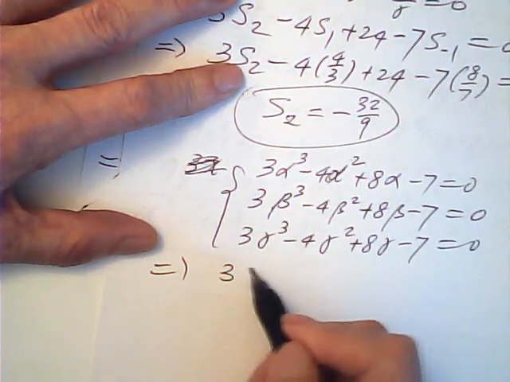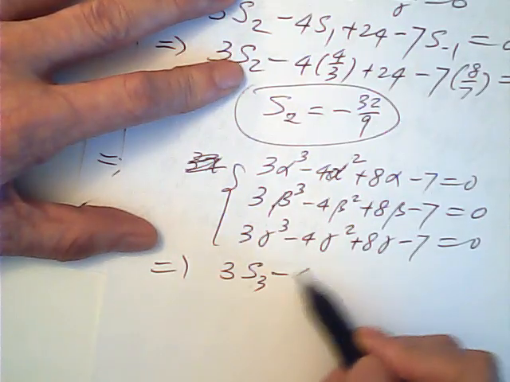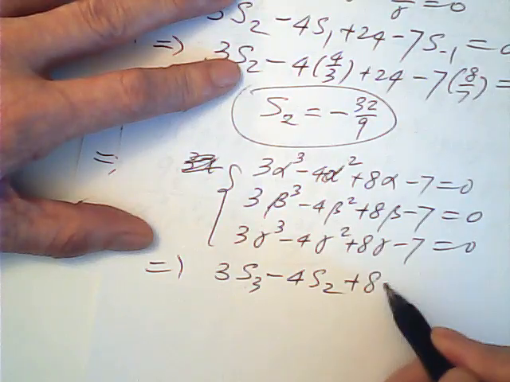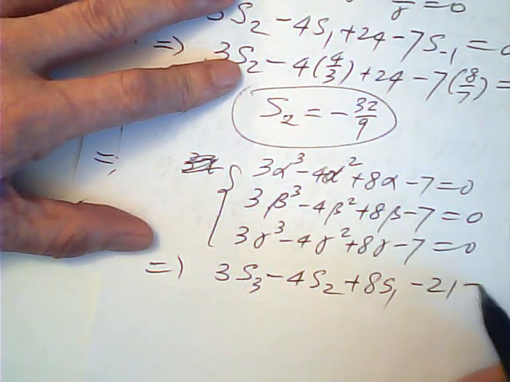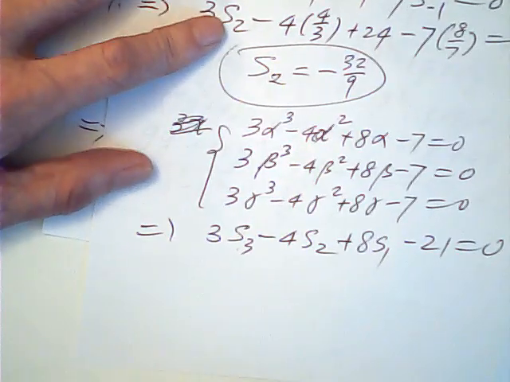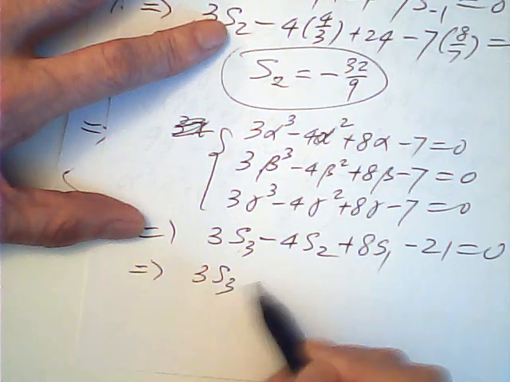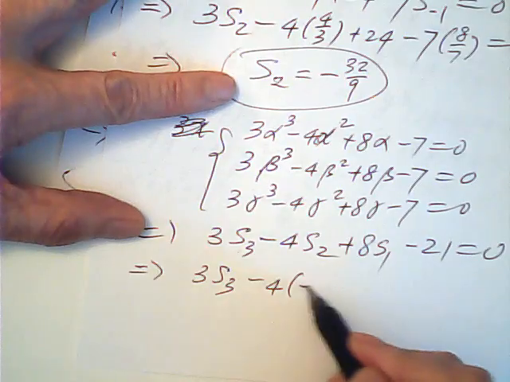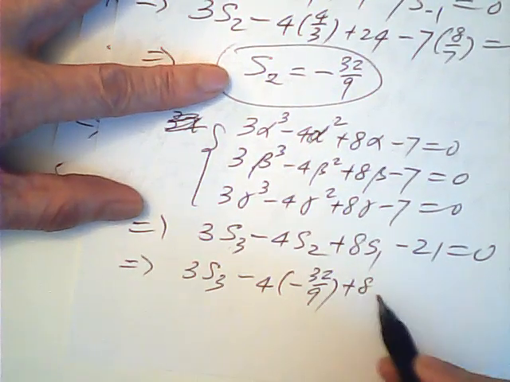This is 3 S3 minus 4 S2 plus 8 S1 minus 21 equal to 0. And this means 3 S3 minus 4 times S2, where S2 is negative 32 over 9, plus 8 S1. What's S1?